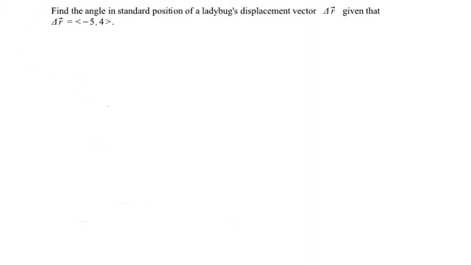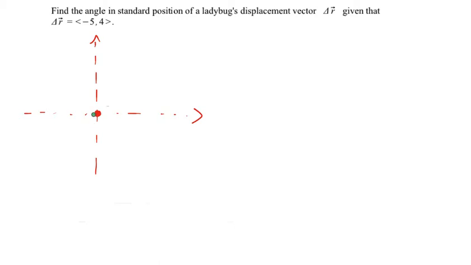If we draw just the x and y axes here, and let the tail of our vector be located at the origin, then we can draw this vector in the same way that you draw a coordinate pair.